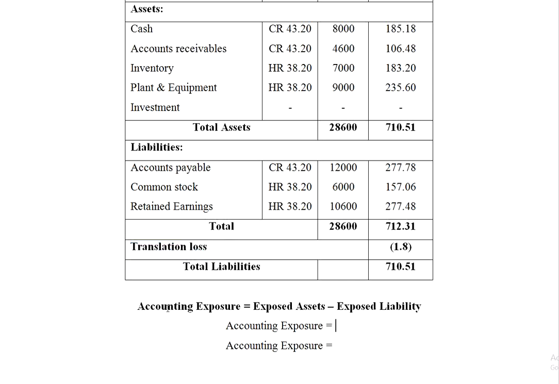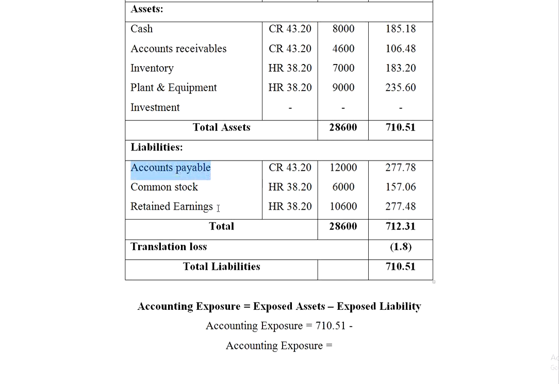Right now what you have to prepare is accounting exposure by using exposed assets and exposed liability. Exposed assets is 710.51. We have to use total assets as exposed assets, and minus exposed liability. To get exposed liability we want current liability plus long-term debt.